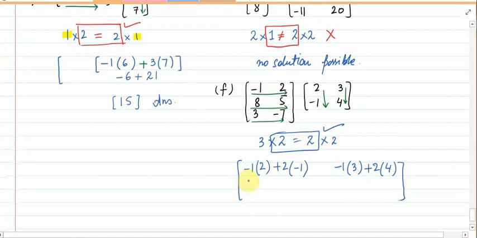So next one, 8 times minus 1, 8 times 2 plus 5 times minus 1.